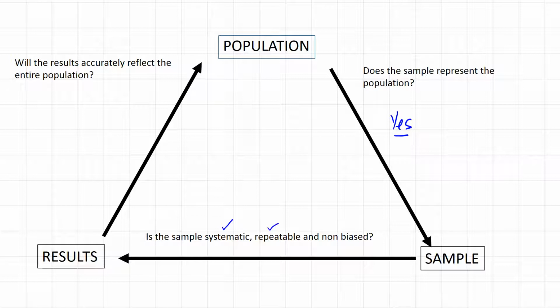Yes, they could do the exact same thing the next year. And is it non-biased? It is, because they're not just pulling over the cars that are the big pickups or the cars that have the N on them. It's every 10th driver, no matter what the conditions. And so do the results accurately reflect the entire population? The answer would be yes, because the sample was a good representation and it was systematic and non-biased.